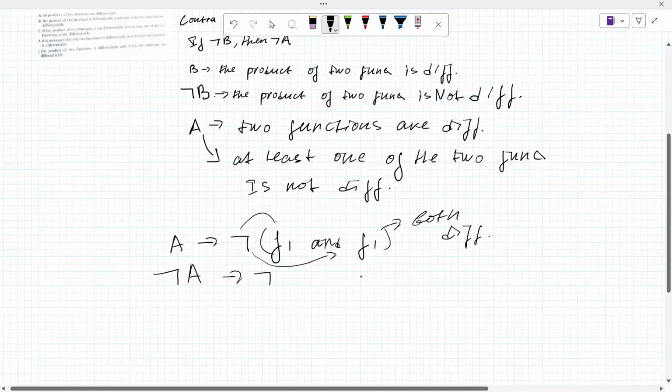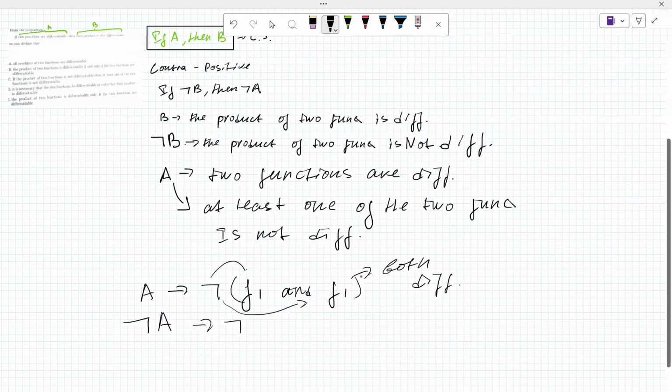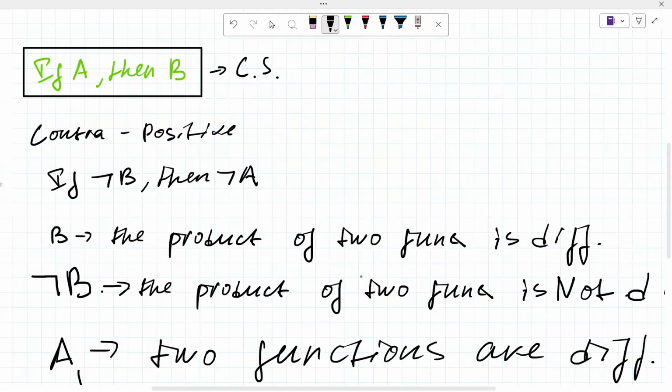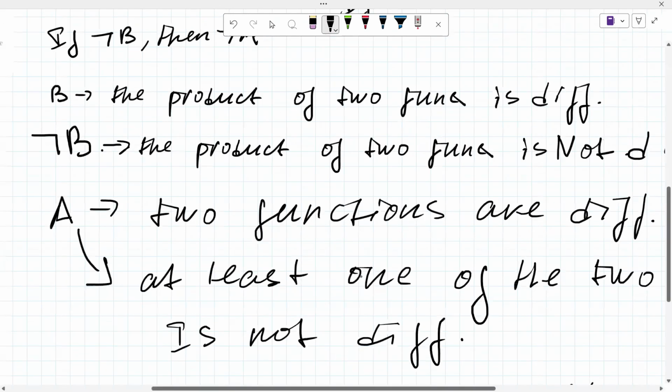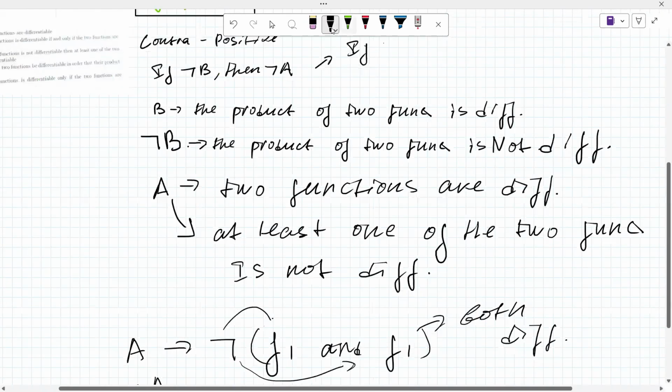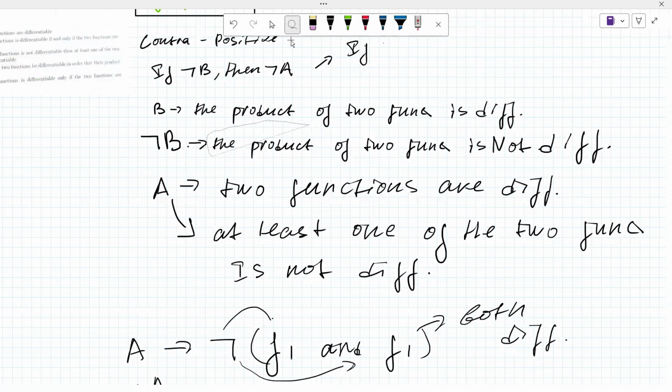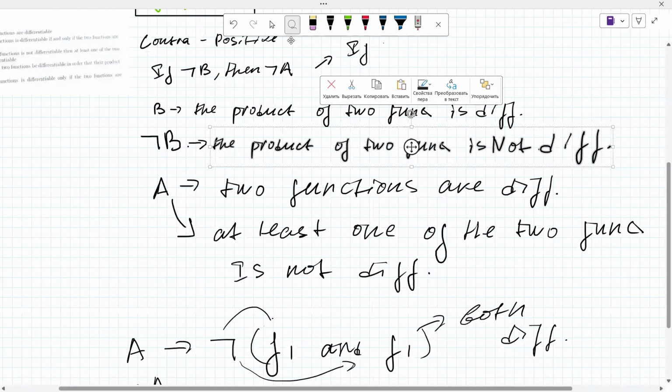All right. And the final statement we'll have here is, if not B, then not A. Let me copy it from here. Not B was: if the product of two functions is not differentiable.